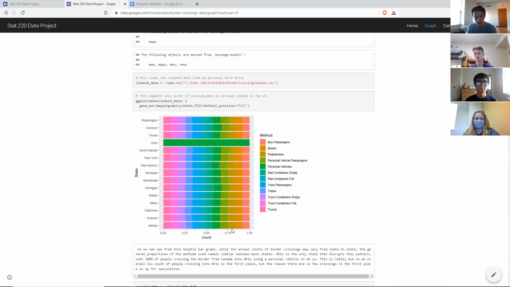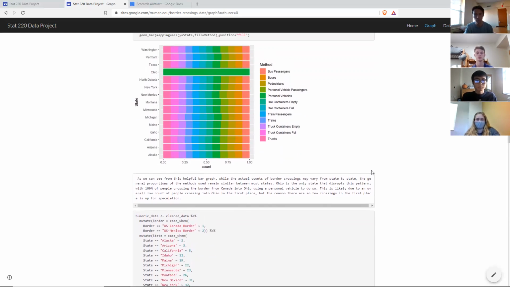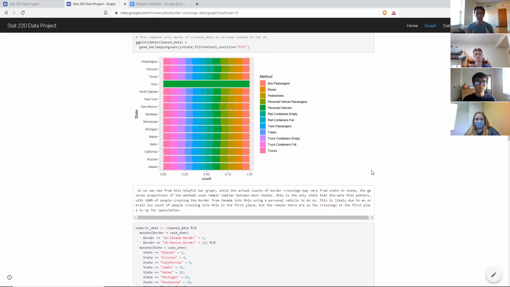As you can see here, each method, barring Ohio, has a similar proportion used in every state from the start of when the data was being collected to the final collection period. So each state had about the same number of people entering by bus passengers, the same number of people entering by buses, and so on and so forth.